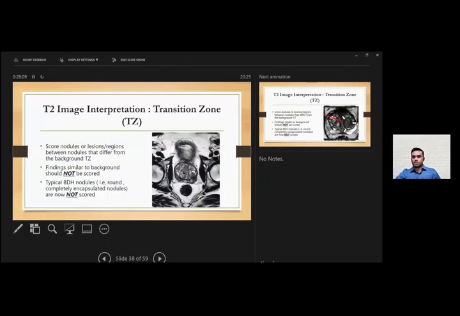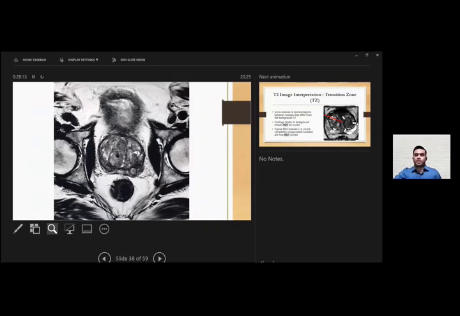Now look at this image. This is the typical appearance of benign prostatic hyperplasia. This image is also called organized chaos, in the sense that we see multiple lesions which are reasonably well circumscribed and nodular, with heterogeneous T2 signal intensity.